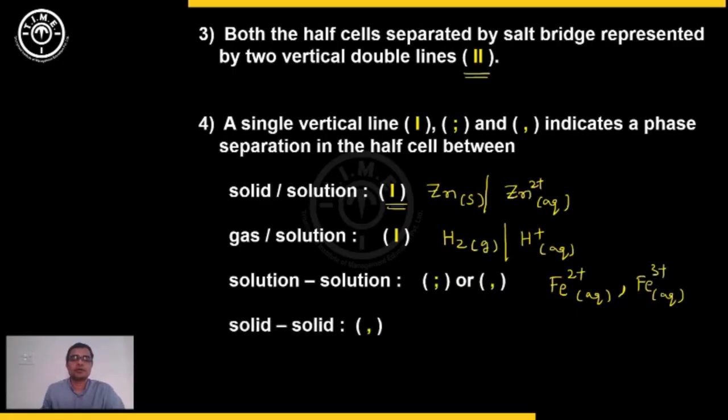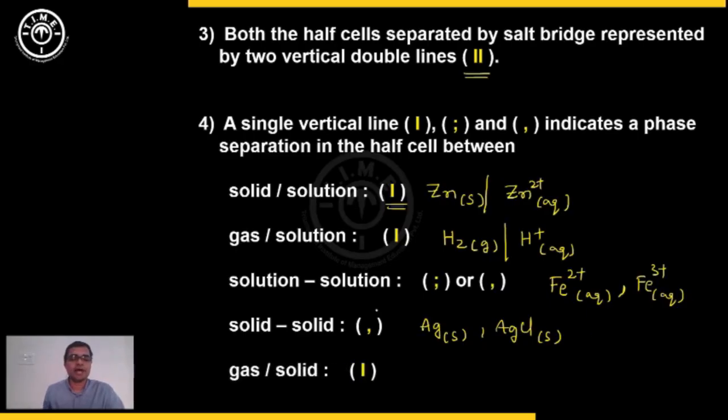Next, if two solids are there in the half cell, they are separated by a comma. For example, silver solid and silver chloride, both separated by a comma.